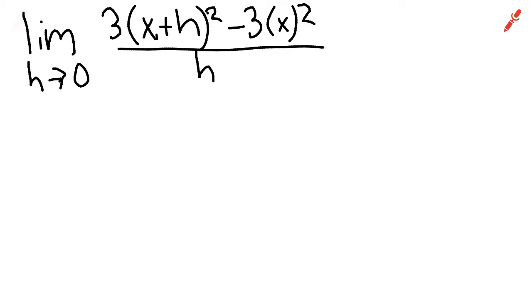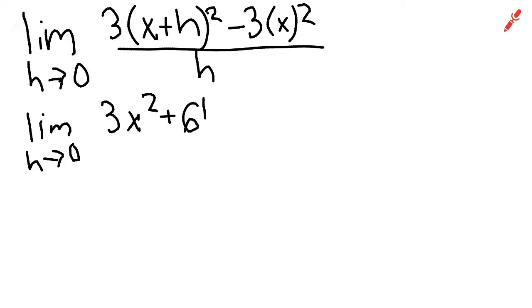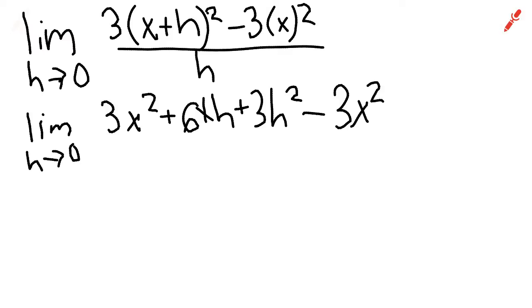And then as we continue, we get 3x squared plus 6xh plus 3h squared minus 3x squared over h.